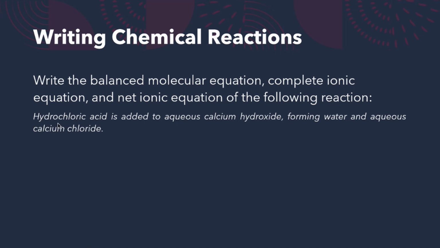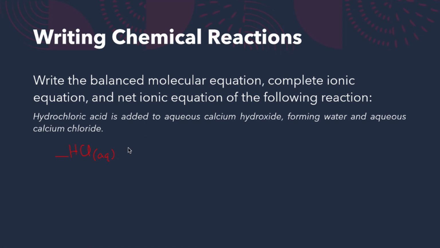Now the hydro prefix means that we're going to have it without oxygen, so it's going to be just HCl. And HCl is one of the more popular acids, so you've probably heard of this formula. And this is aqueous because acids are always aqueous.